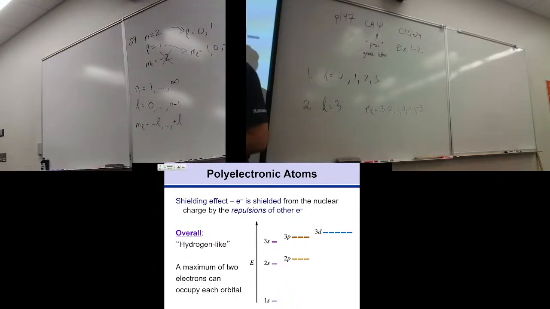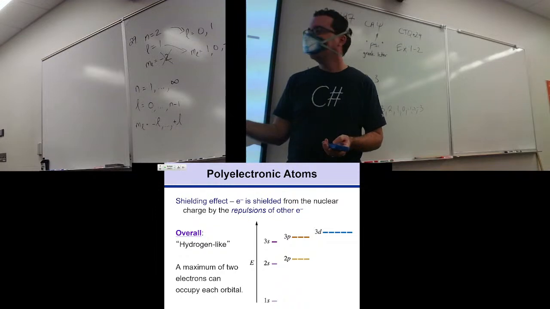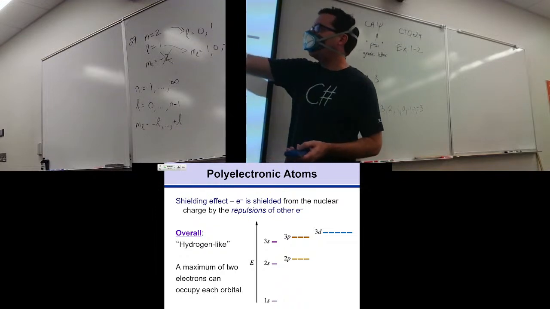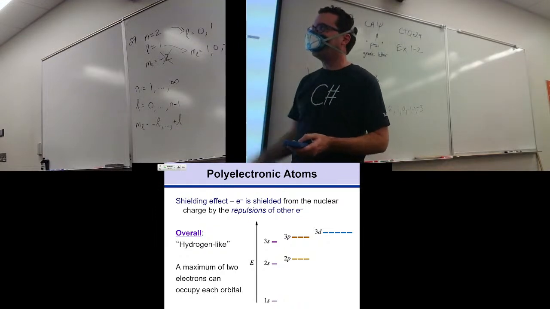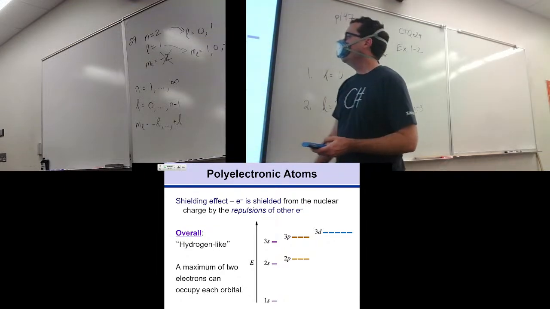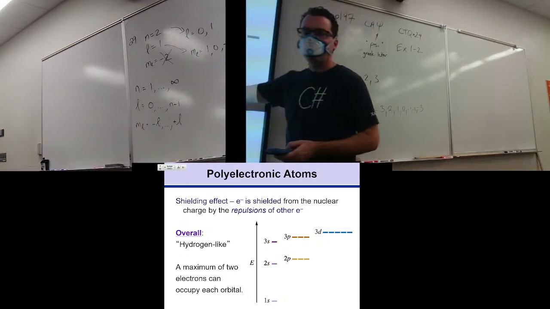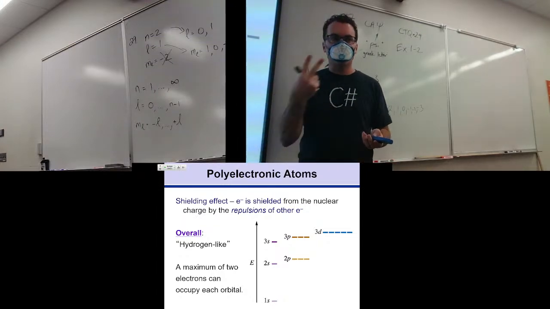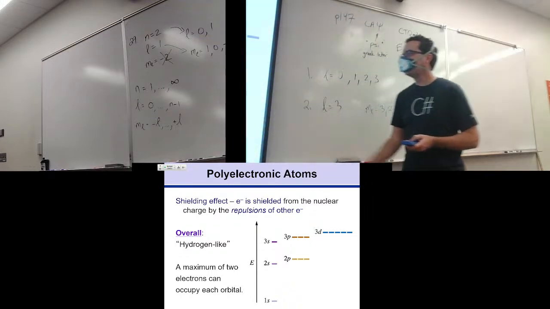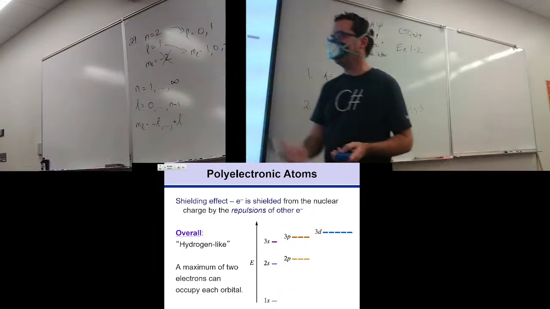The 2s has space for 2 electrons. The 2p has space for 6 electrons. The 3d has space for 10 electrons. You can count the number of electrons based on the number of groups there are in the d block. But if there are only 3 p orbitals and 6 electrons, that means each orbital can hold 2 electrons, okay? So every single one of these lines can fit 2 electrons.